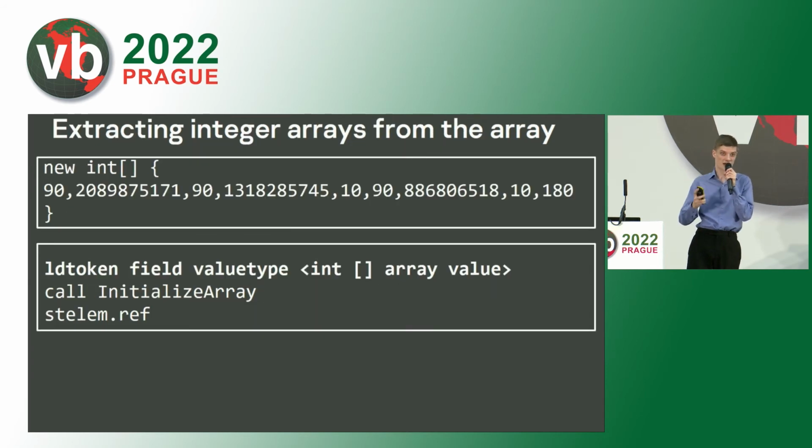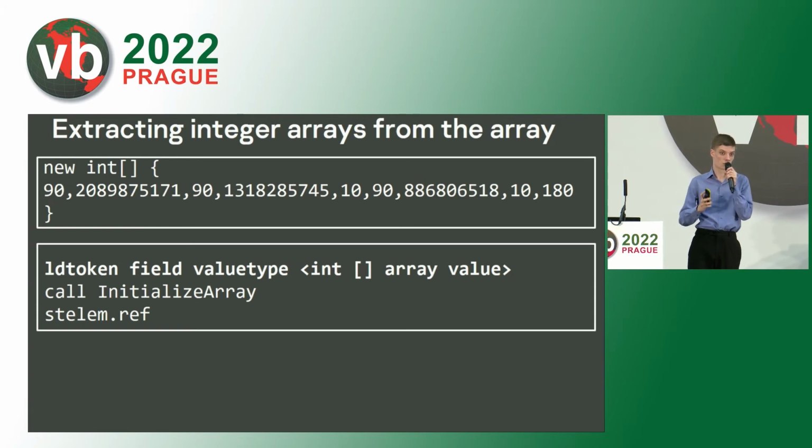What we need to do next is to extract numbers from it. Now, if we again go to the NSPI and compare the C# code with intermediate language, we will notice that an assignment of an integer array with a constant value gets compiled to 3 instructions. We are interested only in the first instruction, which is called LD token.